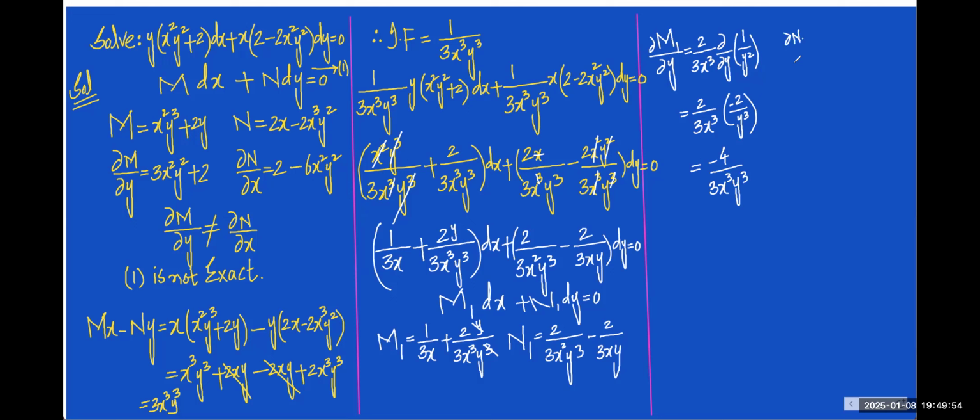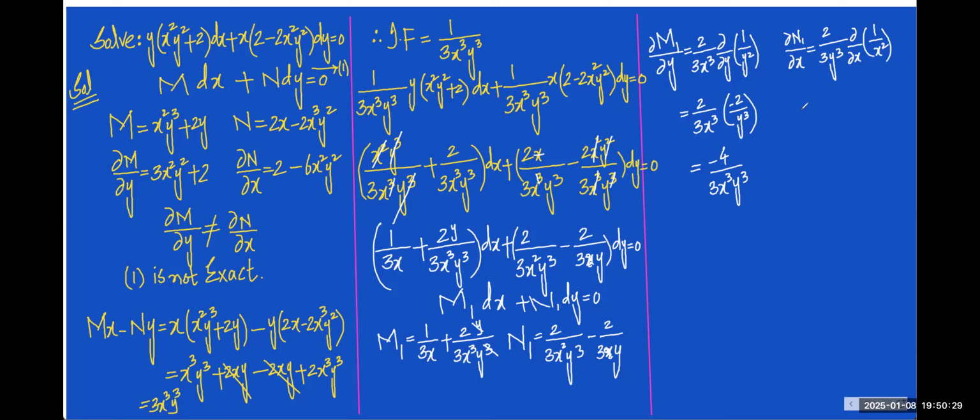Now dou N1 by dou x equals, we have to do the same thing for this term. Here the first term is 0, or is the last term 0? Okay. What mistake did we make? The terms cancel, wait a minute. There is no x term. So now 2 by 3y cube is outside, dou by dou x of 1 by x square.